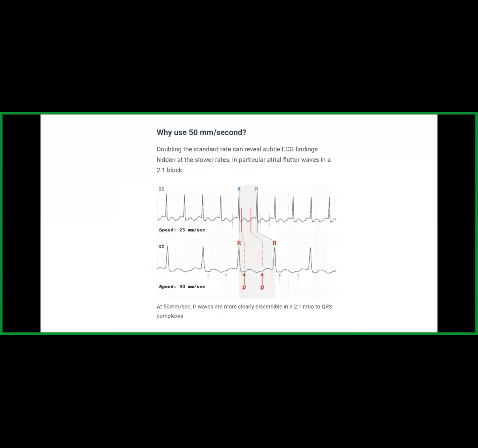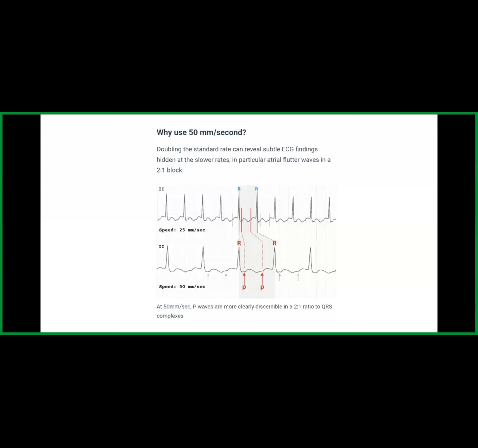50 millimeter per second, you can see on your monitor itself how different the P wave morphology is in the upper rhythm as compared to the rhythm shown in the lower part of the figure.